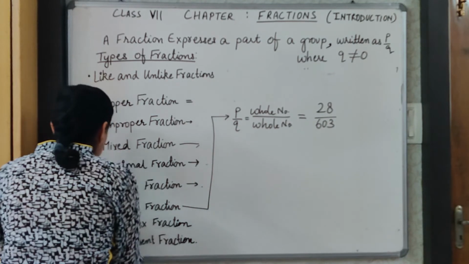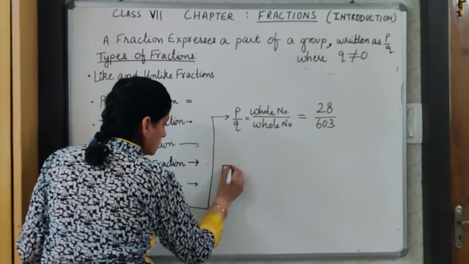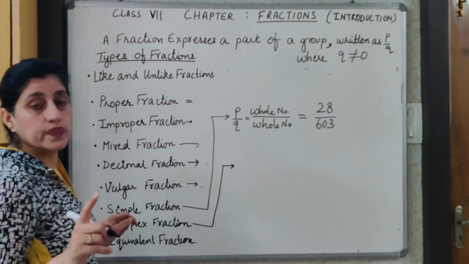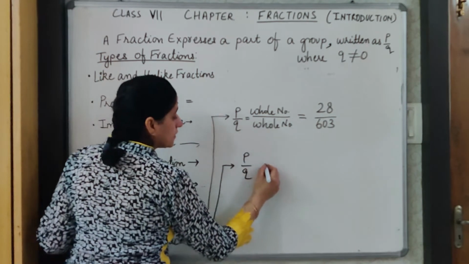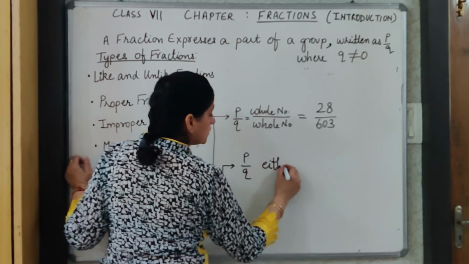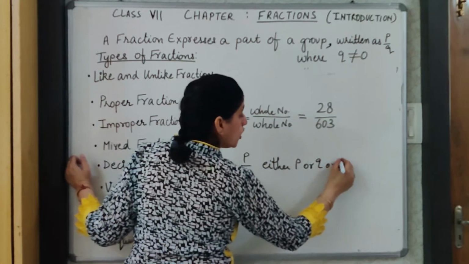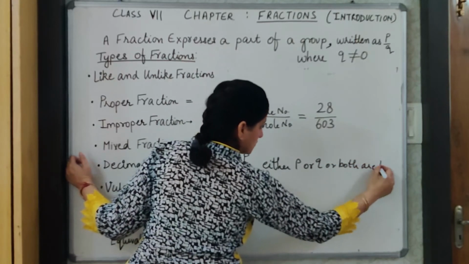Then after simple fraction we have complex fraction. A complex fraction is a fraction in which either P or Q or both are fractions.